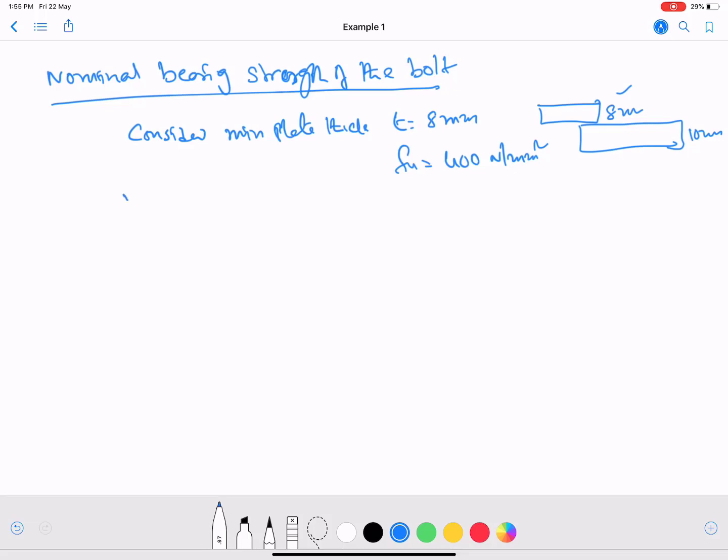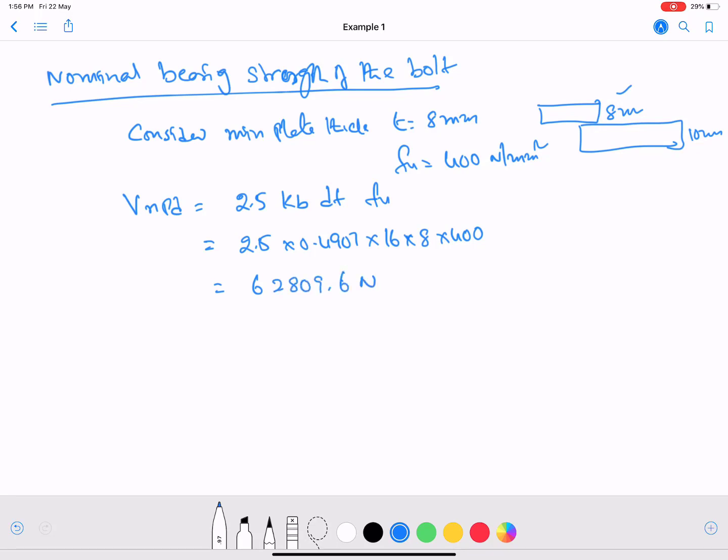Now the equation VNPB equal to 2.5 times Kb d t Fu, which is equal to 2.5 times 0.4907 times 16 times 8, the thickness of the plate, and 400 is the Fu value, which comes around 62,809.6 newtons.